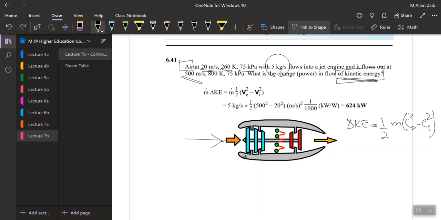So we have got the inlet velocity, we have got the exit velocity, just putting the value, and you have got the answer. Change in kinetic energy would be equal to 624 kilowatt if you are multiplying with the mass. If you are not multiplying with the mass, that would be kilowatt per kg.